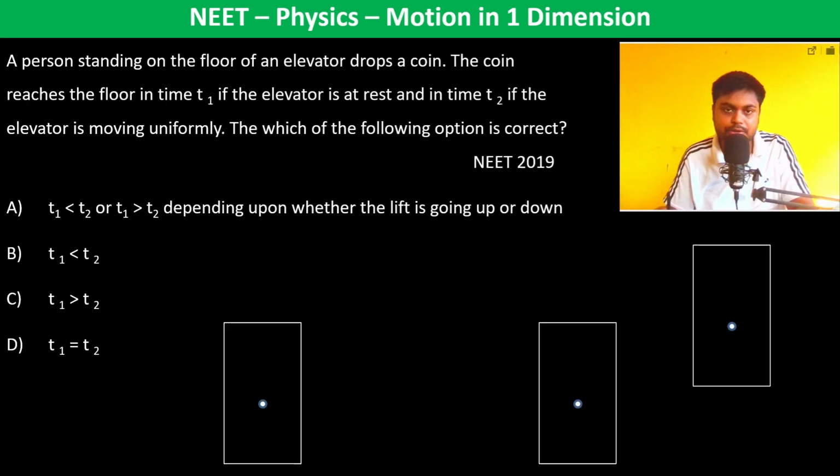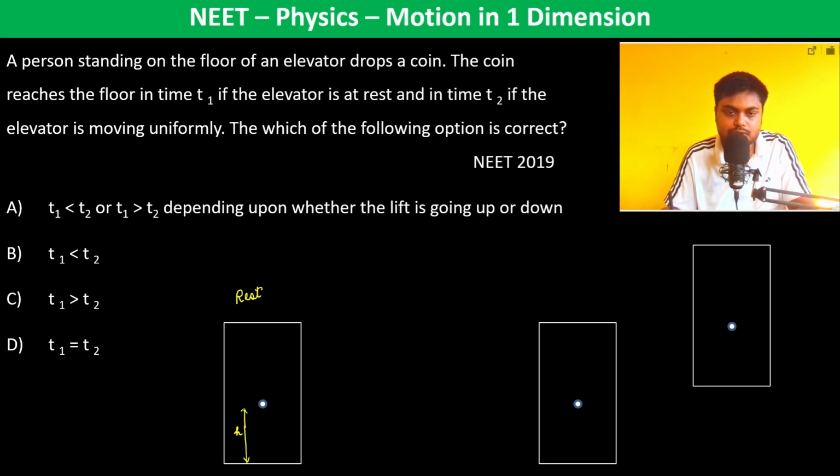Thank you. On the floor of an elevator drops a coin. The coin reaches the floor in time t1 if the elevator is at rest. So let us say this is the condition where the elevator is at rest. So this is height h and the coin is dropped.